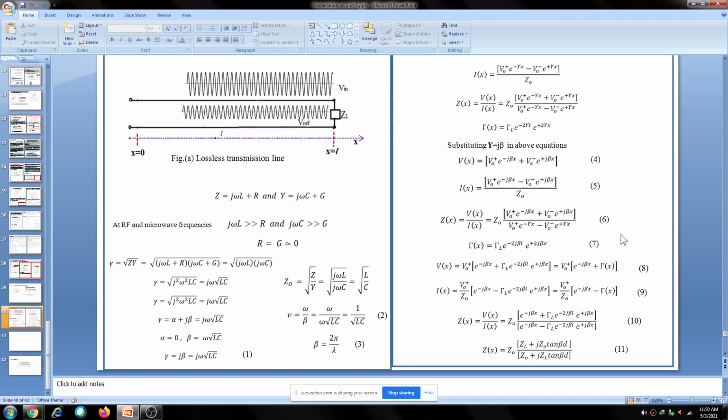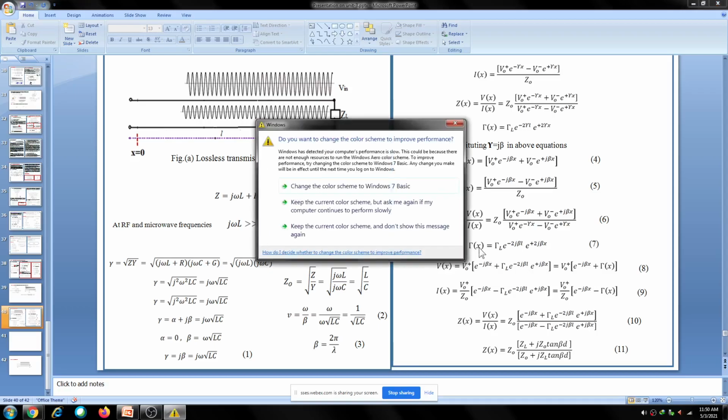Now further, as we saw in the earlier class, we can simplify this by rearranging. We derived already that this is equal to the reflection coefficient at x. So instead of carrying e to the power minus j 2 beta l and e to the power plus j beta x, this is nothing but the reflection coefficient at x.